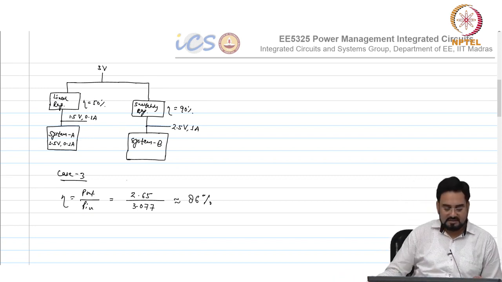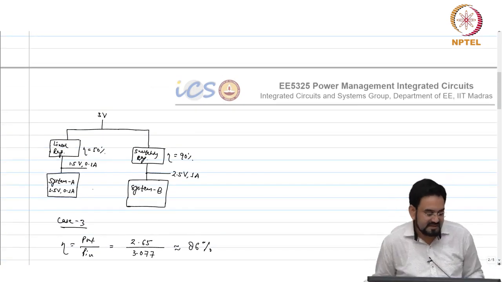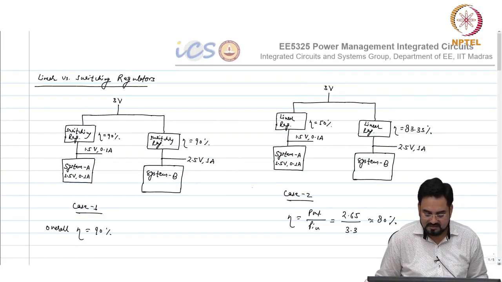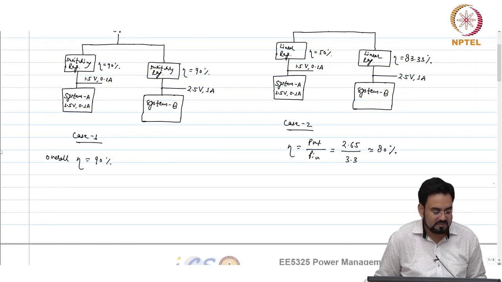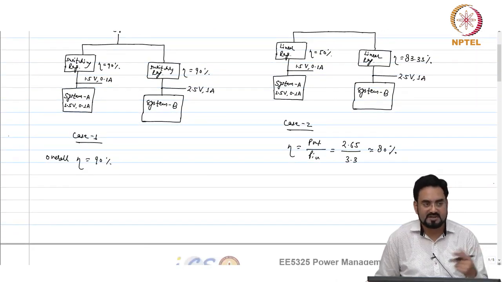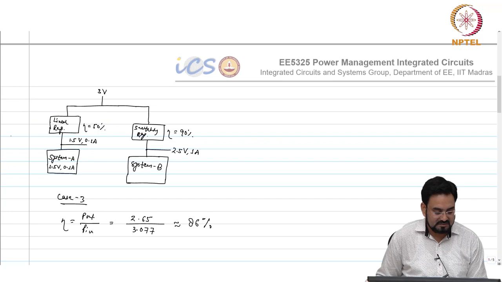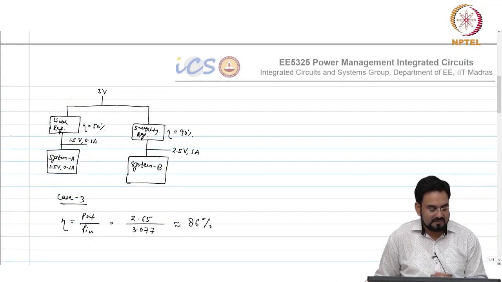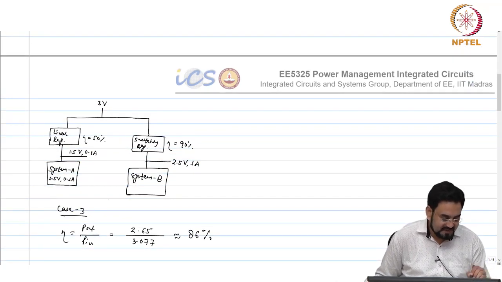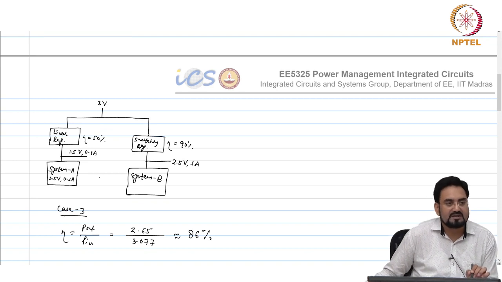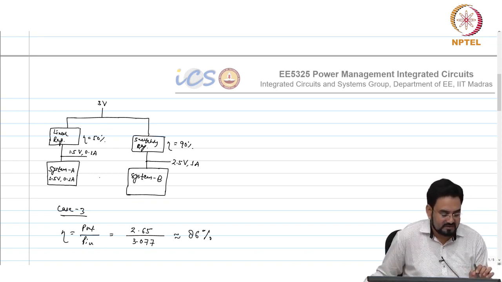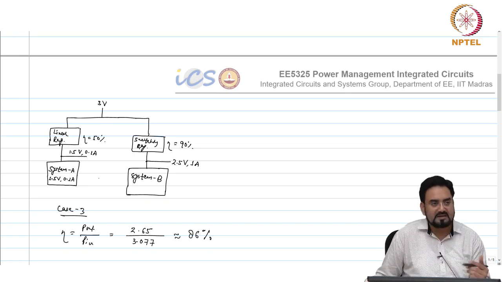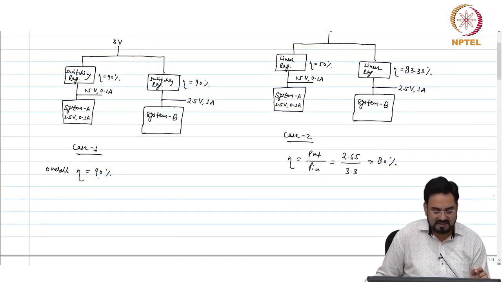Okay. So we lose 4% compared to when you use both switching regulators. So which means if we replace only the low power supply of a low power system with a linear regulator, the overall impact will not be that huge, as we have seen here.